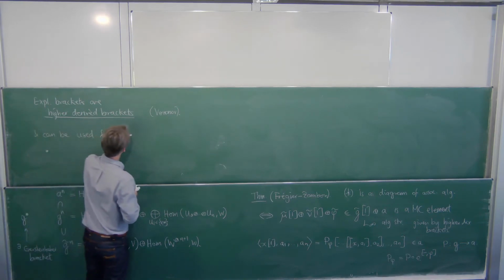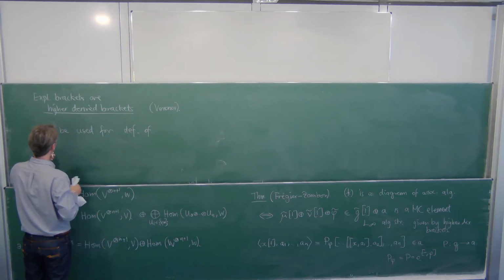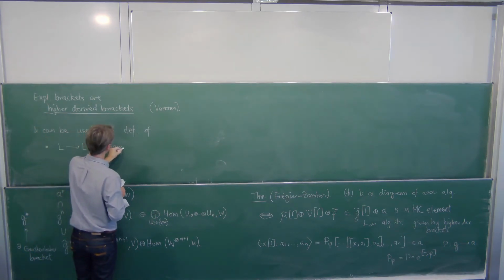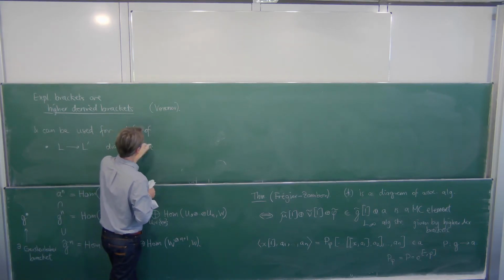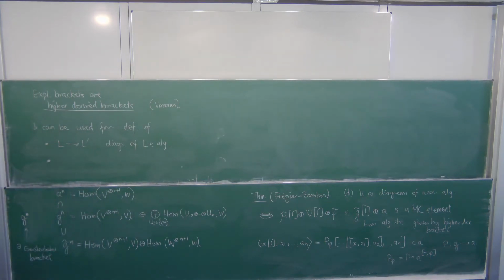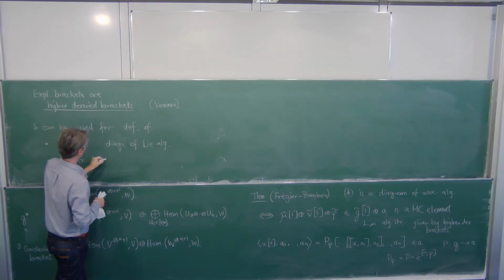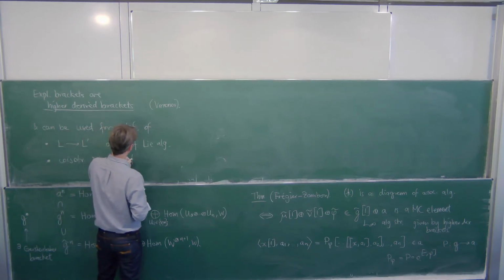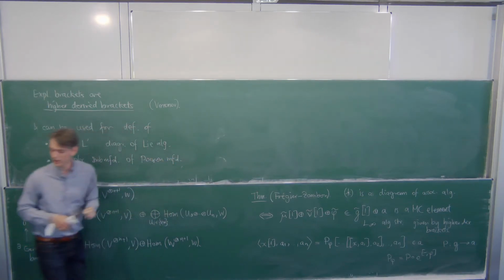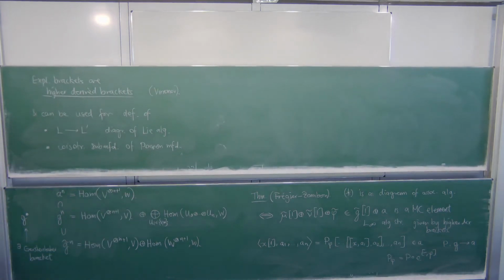So you could take like two Lie algebras, L and L prime, or something like coisotropic submanifolds of Poisson manifolds, or also generalized complex structures formed this way.